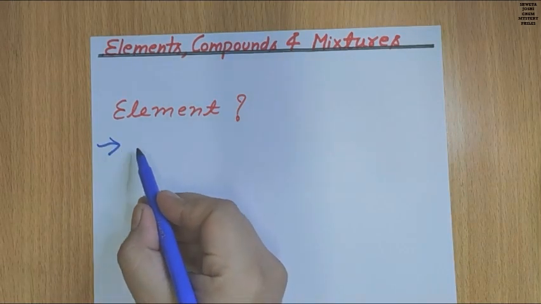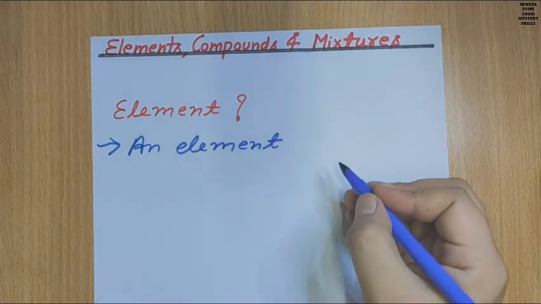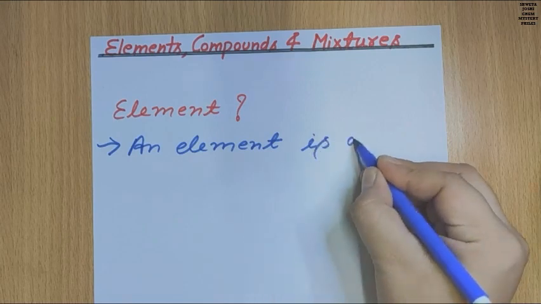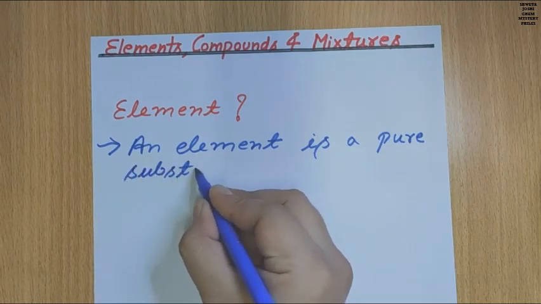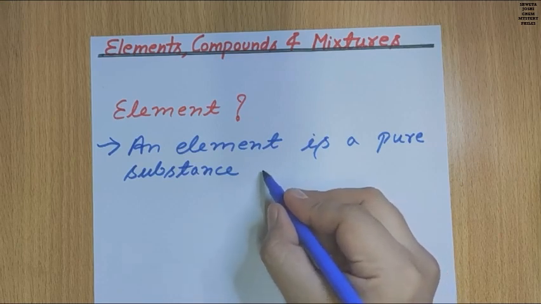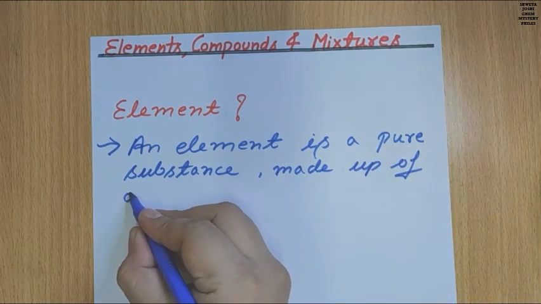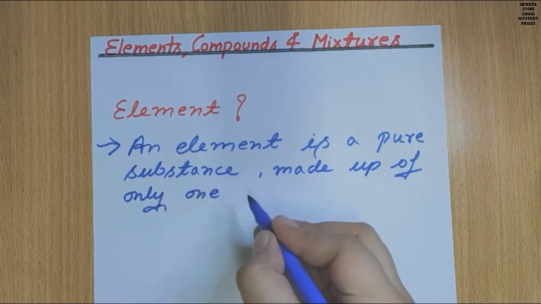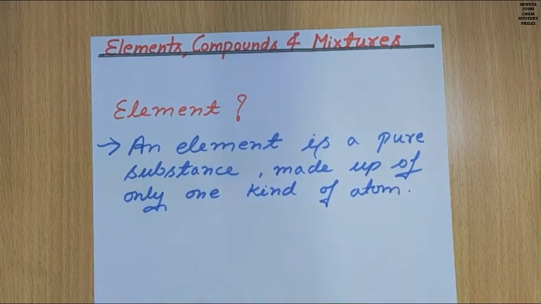So we can say that an element is a pure substance which is made up of only one kind of atoms, and it cannot be broken down into more simpler substances.